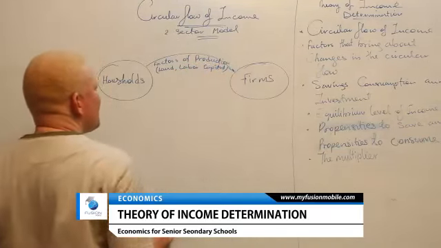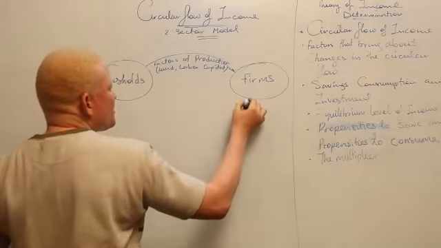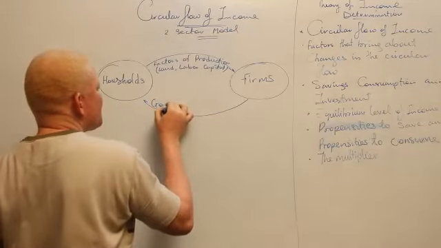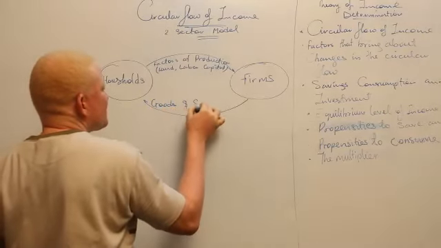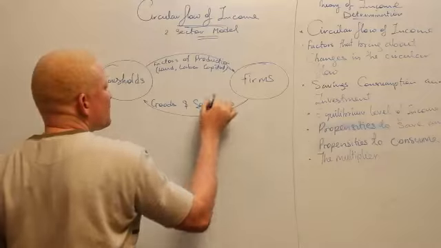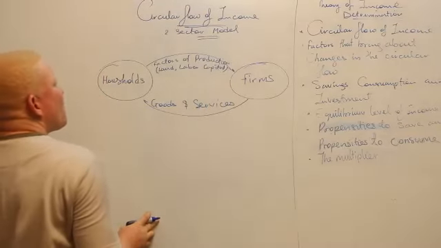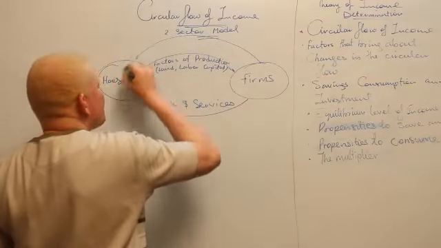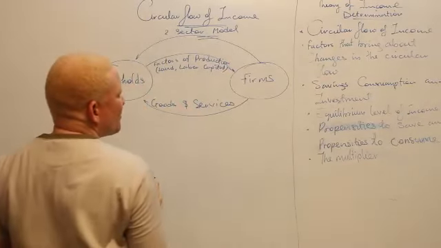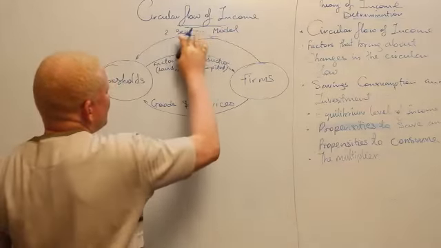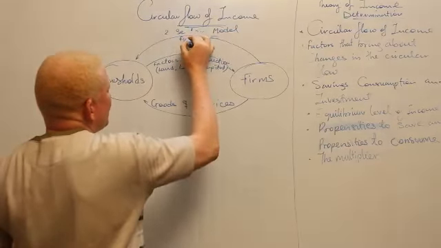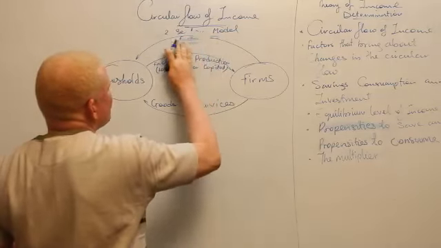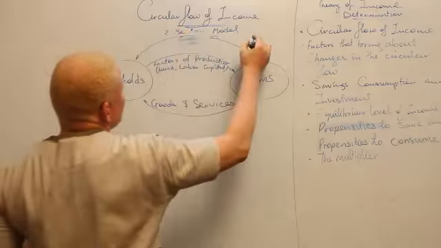Now, the firms make use of the factors and produce goods and services. Also, when these are supplied, the firms pay through the factor market here.